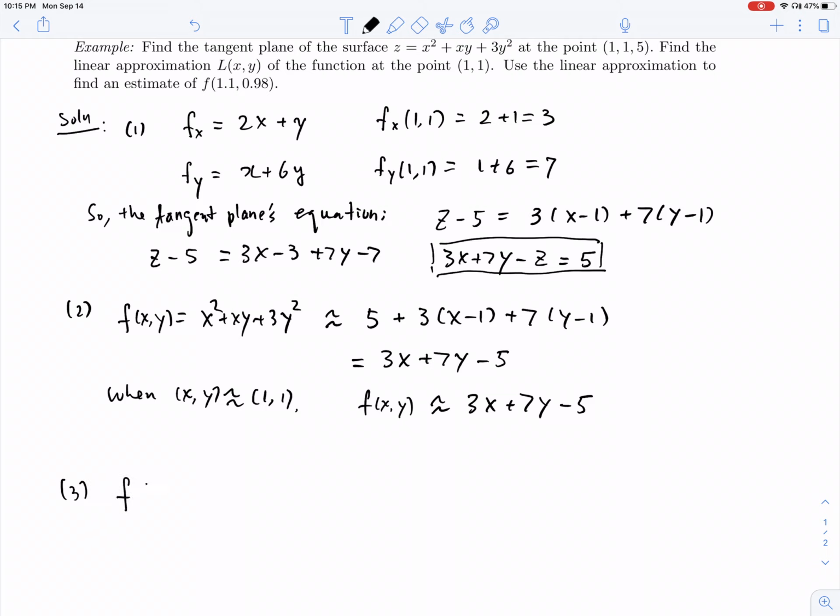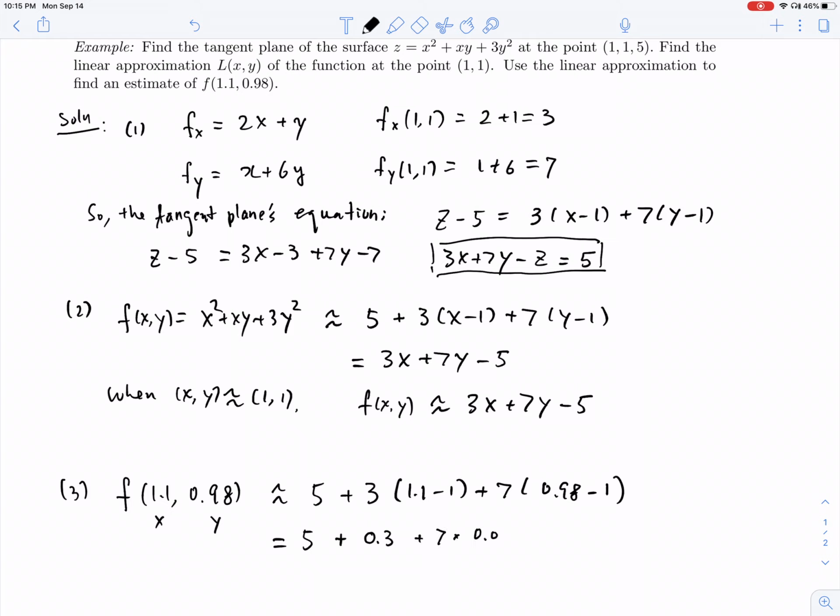So f of 1.1, 0.98 is approximately 5 plus 3 times x minus x naught, 1.1 minus 1, plus 7 times 0.98 minus 1. That's going to be 5 plus 0.3 plus 7 times 0.02.